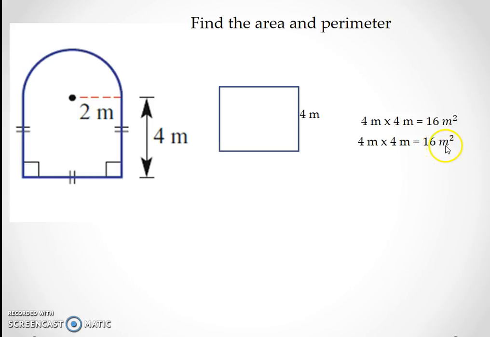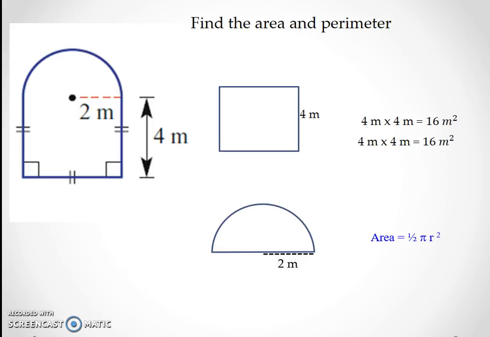When we're solving for area, it is units squared, because first off, we're multiplying the numbers, so 4 times 4 is 16. We're also multiplying the unit, so in this case, meter times meter is meter squared. Now we need to do the half circle, with a radius of 2 meters.